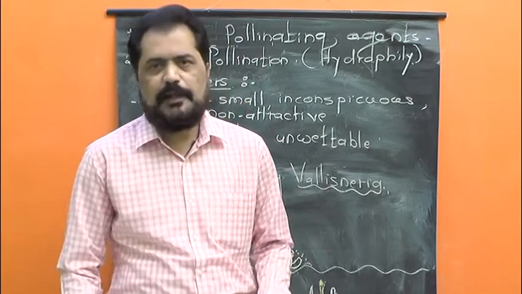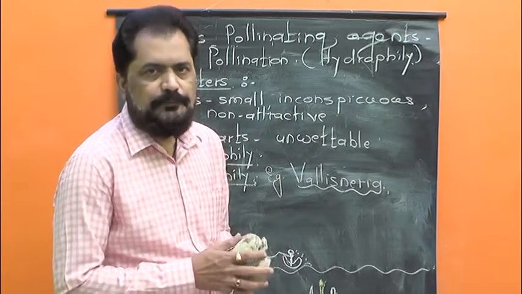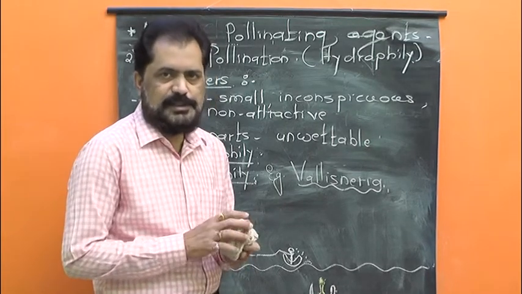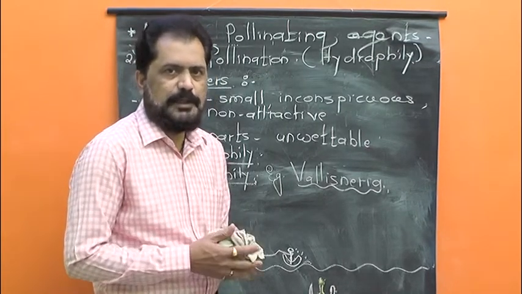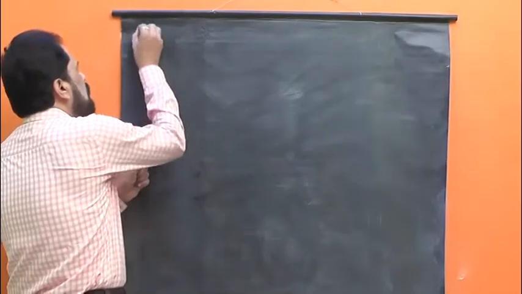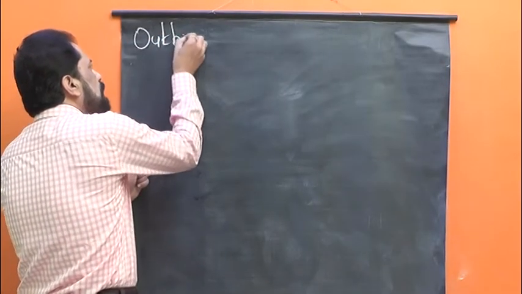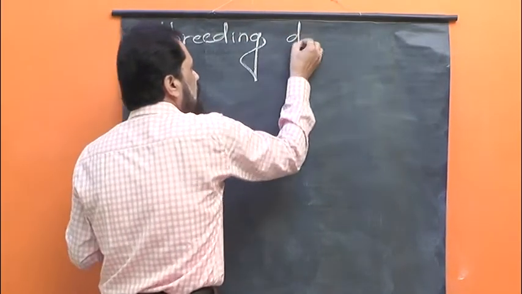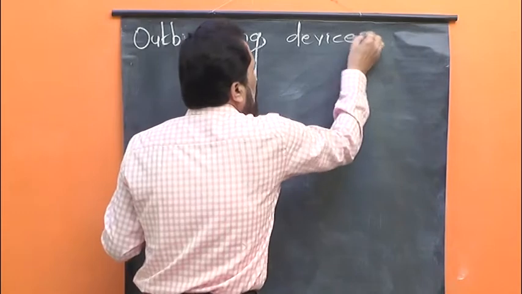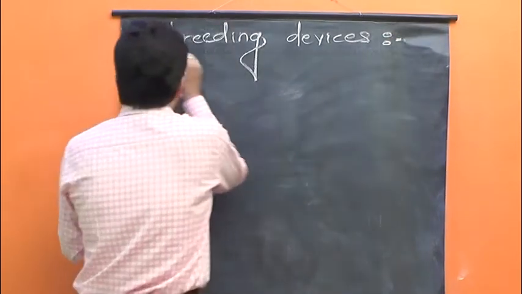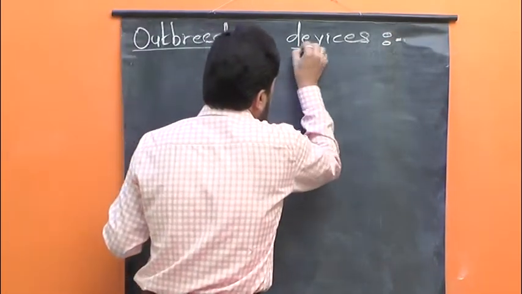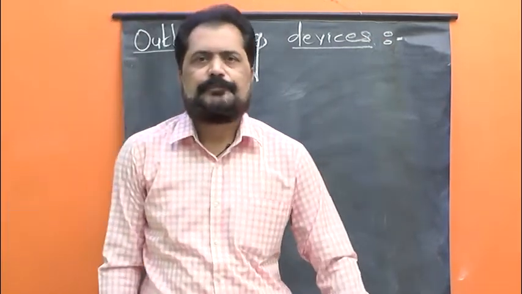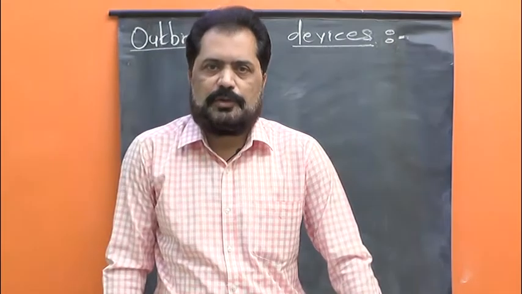Now we have to study the outbreeding devices. So let us start the study of outbreeding devices. Outbreeding devices may be known as contrivances for cross-pollination.